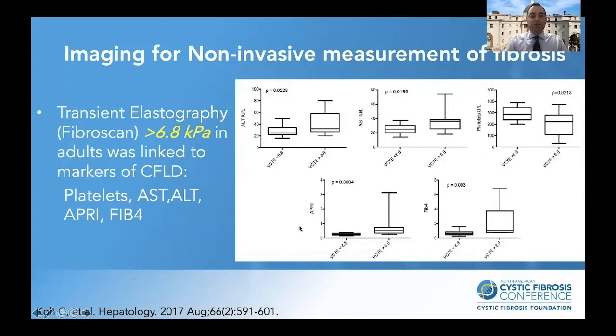Transient elastography or FibroScan has been shown in a study from the National Institutes of Health to have an association with laboratory parameters of CF-related liver involvement, and in particular, a FibroScan value of greater than 6.8 kilopascals in adults was linked to markers of CFLD, including platelets, AST and ALT, APRI, and FIB4.